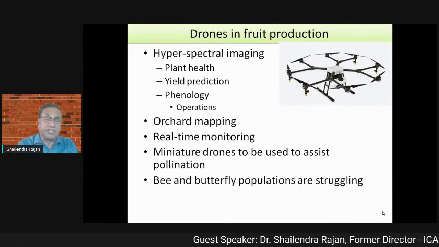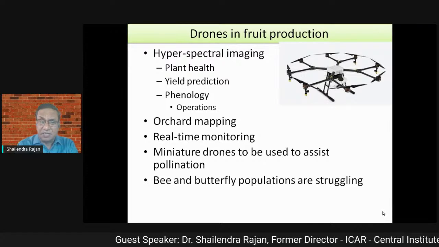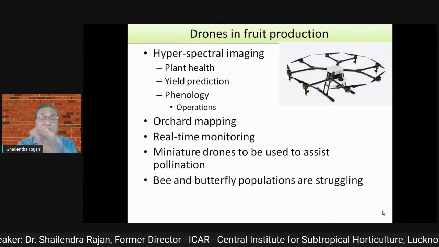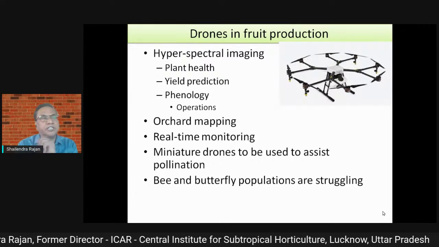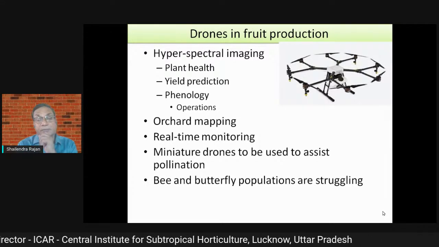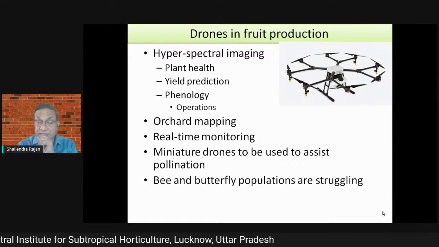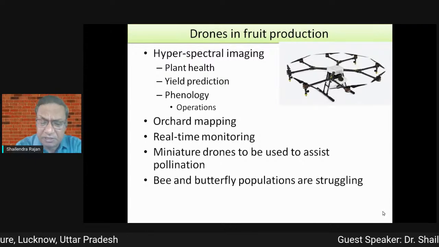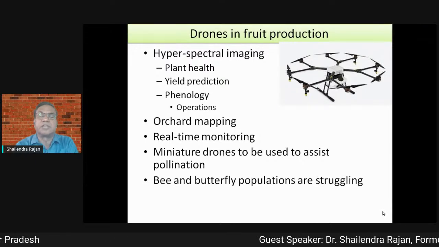Orchard mapping is one of the areas where the orchard can be mapped using drones, particularly for different types of requirements of that specific area. Then real-time monitoring is also important, and it can be done particularly for epidemics of disease.